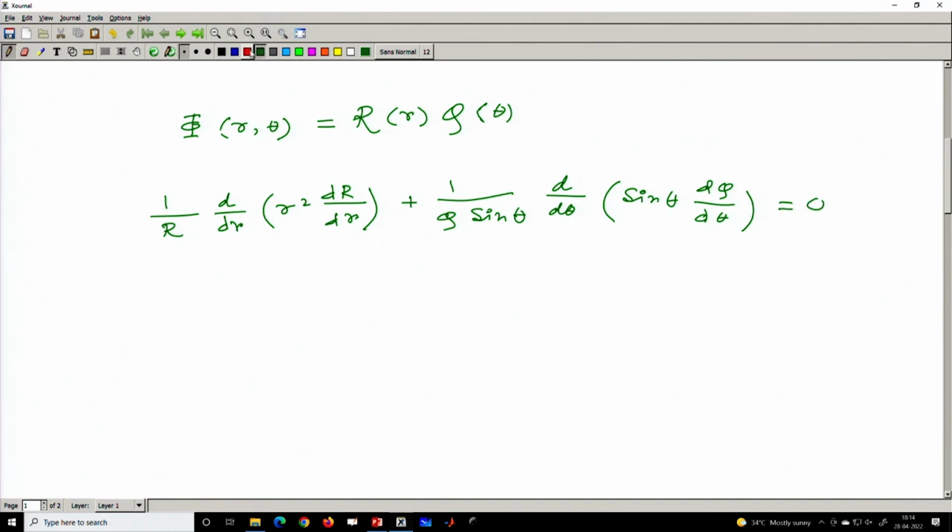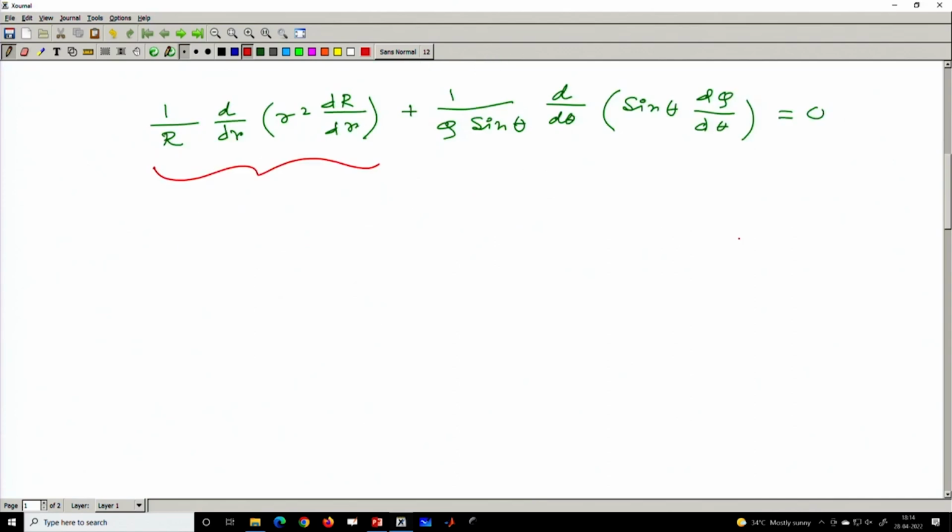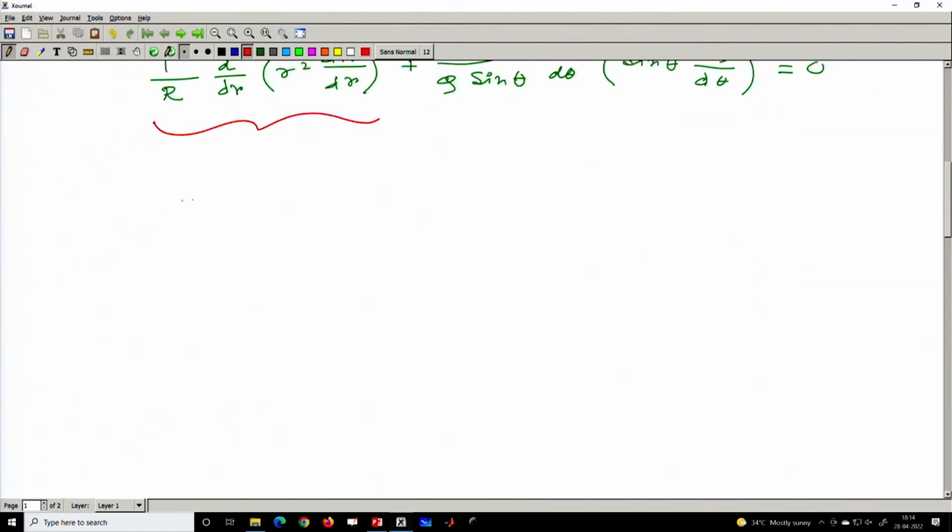Now, this portion is simply a function of r and this portion is simply a function of theta. This is a standard procedure.